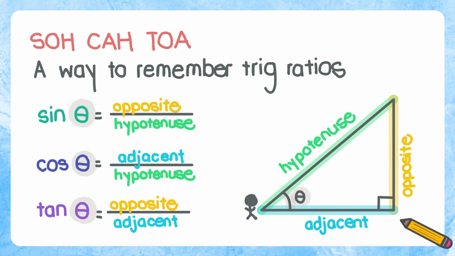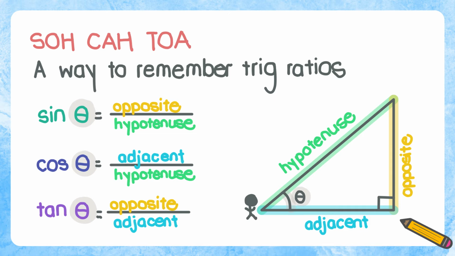So let's say we have a right triangle and we're standing at angle theta. The hypotenuse is across from the right angle. The opposite side is across from where we're standing, and the adjacent side is right next to us. To set up trig ratios, we use the acronym SOHCAHTOA.